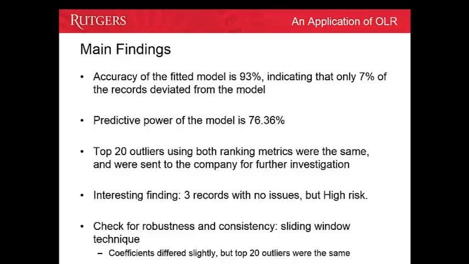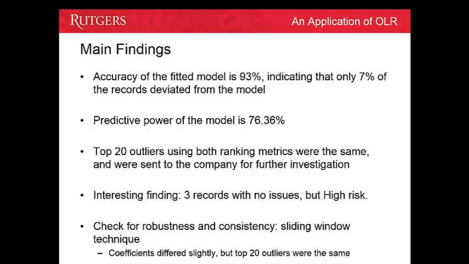For instance, we found 3 records that had no issues, but yet they were of high risk. That could mean that the auditors did not document all the issues. They underdocumented that.